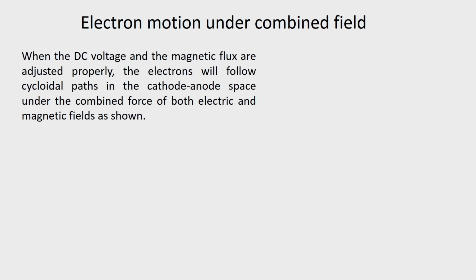So, an electron will move under the influence of both the fields. When the DC voltage and magnetic flux are adjusted properly, the electrons will follow a cycloidal path in the cathode-anode space under the combined force of both electric and magnetic fields, as shown.